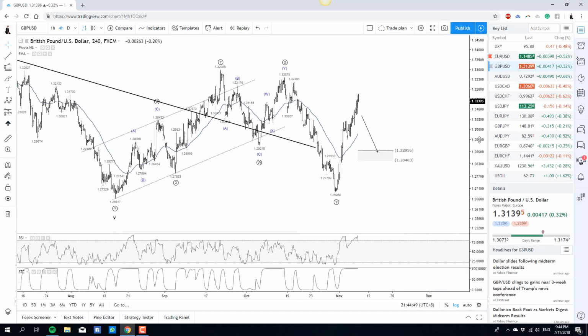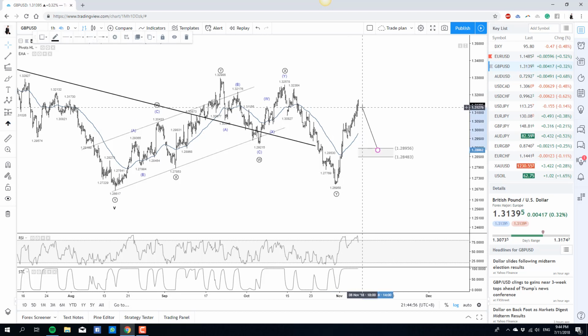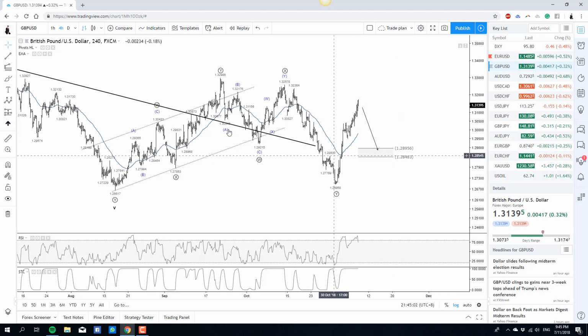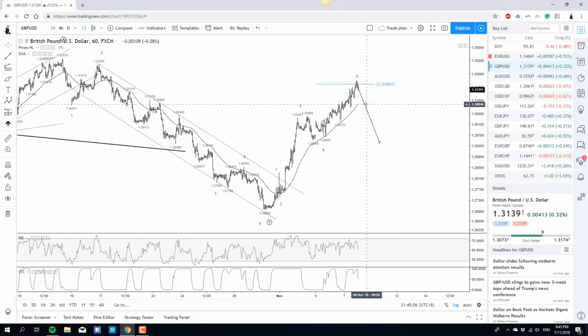Okay, pound dollar, I'm seeing a very corrective crawl pattern. So I do expect price to at least form a corrective move towards somewhere around 1.2895, 1.2850. On the hourly chart, we see a completion of a 5-wave pattern, 1, 2, 3, 4, 5.